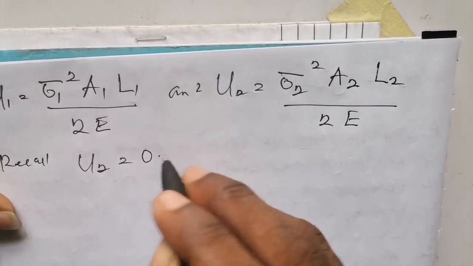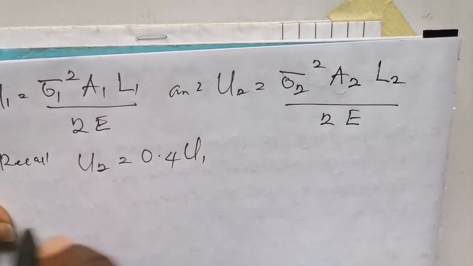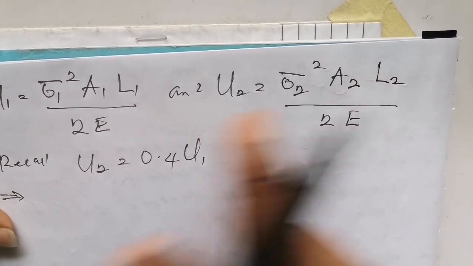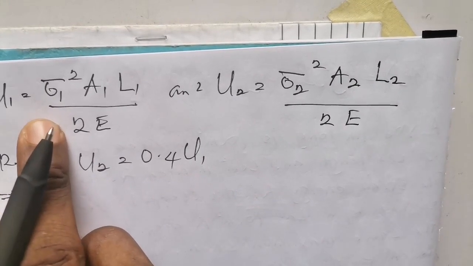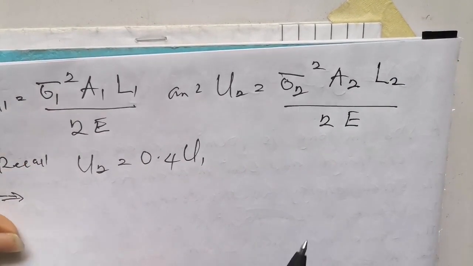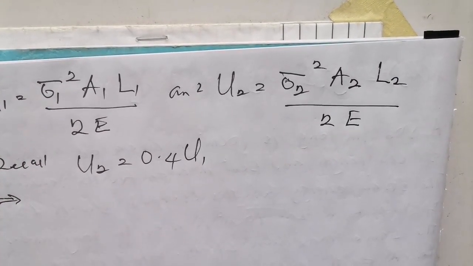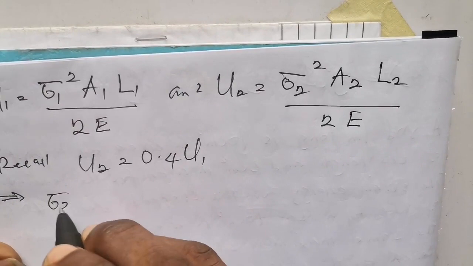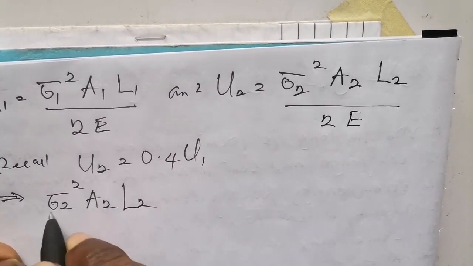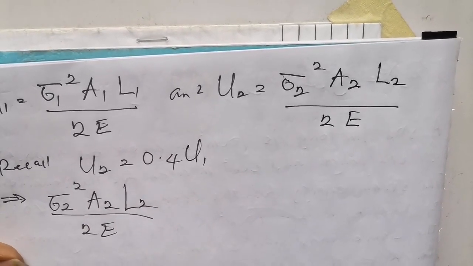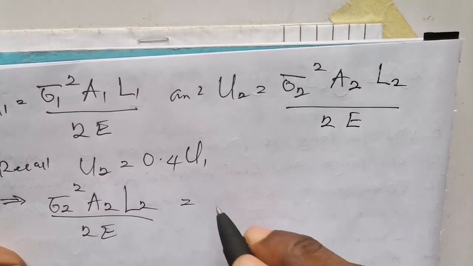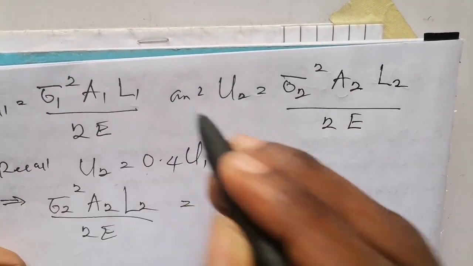And recall that U2 is 0.4 U1. That simply means that the whole of this is 0.4 of the whole of this, which means mathematically stress 2 squared times A2 times L2 all over 2 times Young's modulus is equal to 0.4 U1, which is 0.4 multiplying everything here.